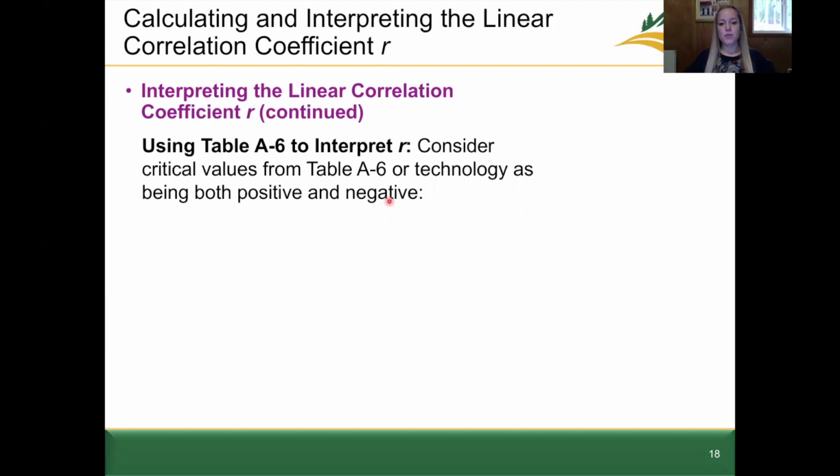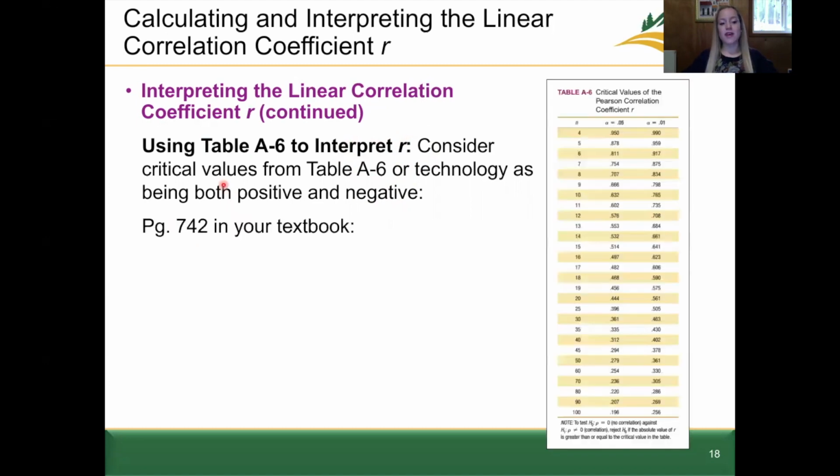Now, as I mentioned, we will practice using table A6 to get our critical value, then compare that critical value to our R value. Table A6 can be found in your textbook. It's on page 742. What you'll see in table A6 is this column here on the left. That's N. Remember, that's our number of paired sample data.